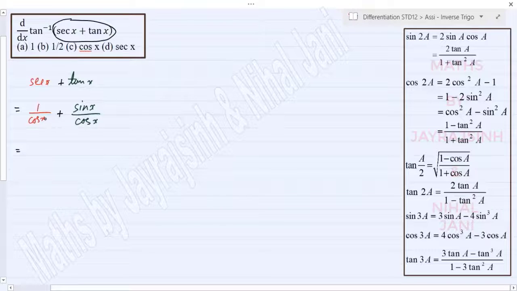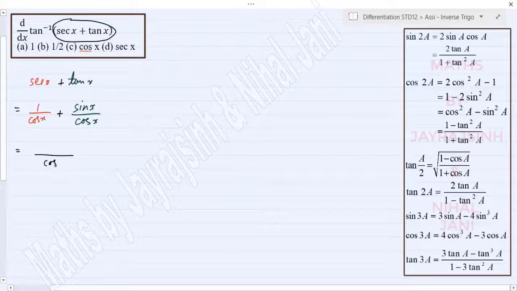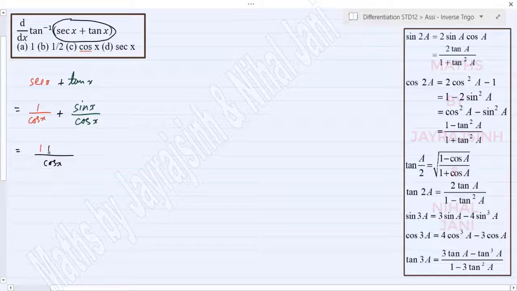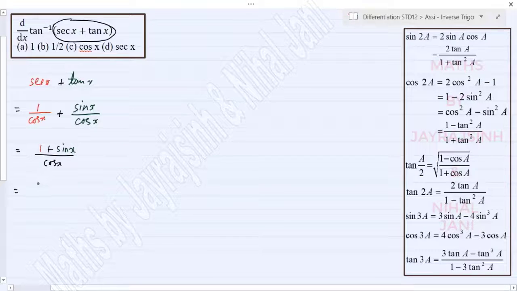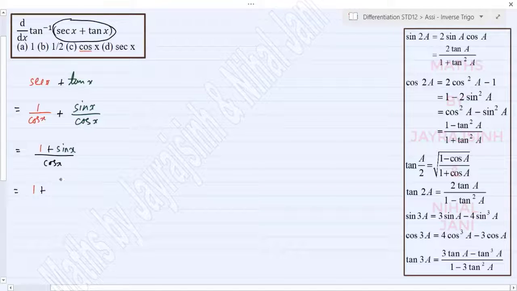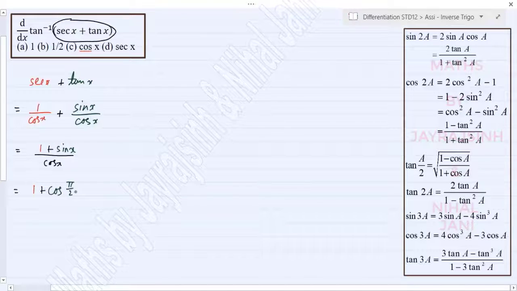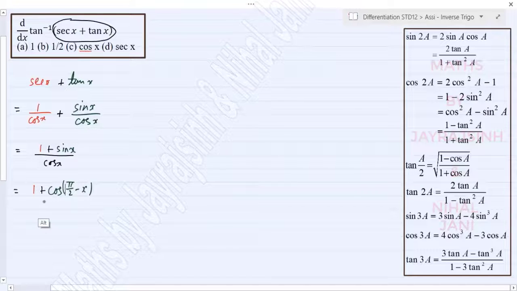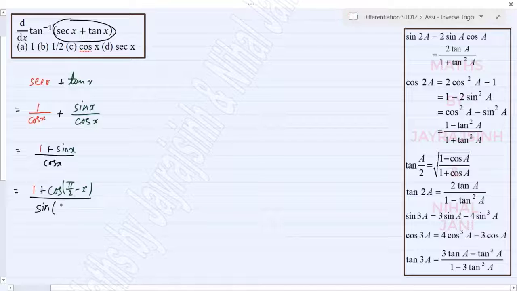So we have the same denominator cos x, so simply add the numerators. So here we'll get 1 plus sin x. For further simplification, we can say sin x can be rewritten as cos pi by 2 minus x, and this cos x can be rewritten as sin pi by 2 minus x.